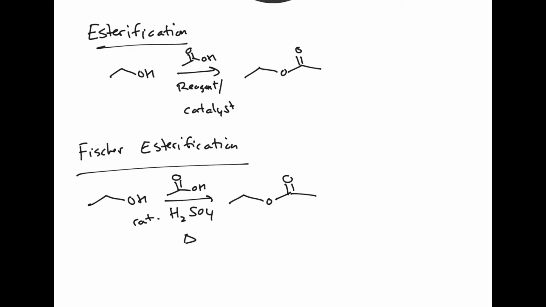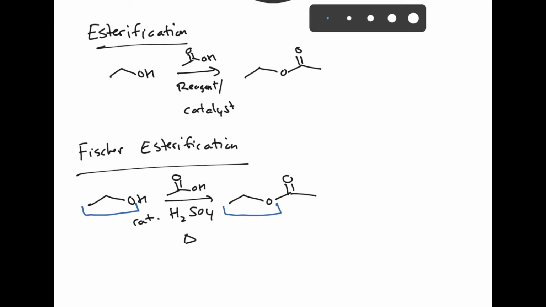Right. So when you do these reactions, the oxygen and all the carbons attached to it from the alcohol end up here, right? So you lose the OH from your carboxylic acid. So this carbon right here is that right there.